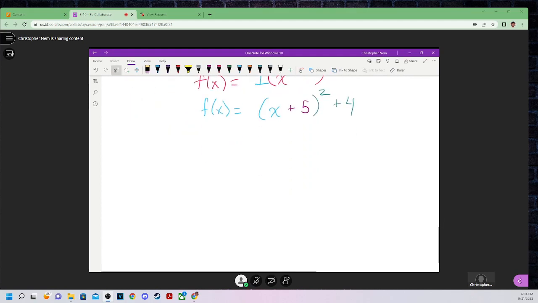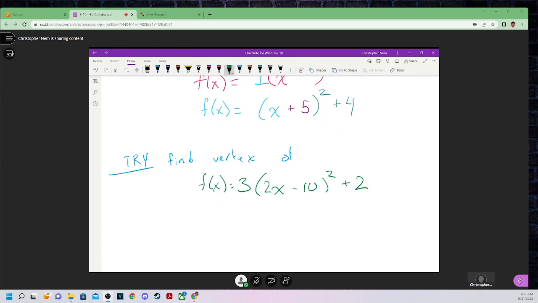So that covers that. I encourage you guys to try to find the vertex of this right here, 3 times (2x minus 10) squared plus 2. Try to find the vertex of that. A lot of students struggle with this, and I've noticed this on the chapter 2 test.